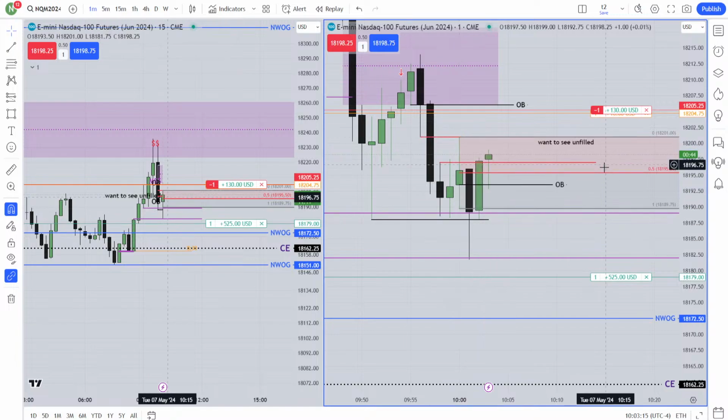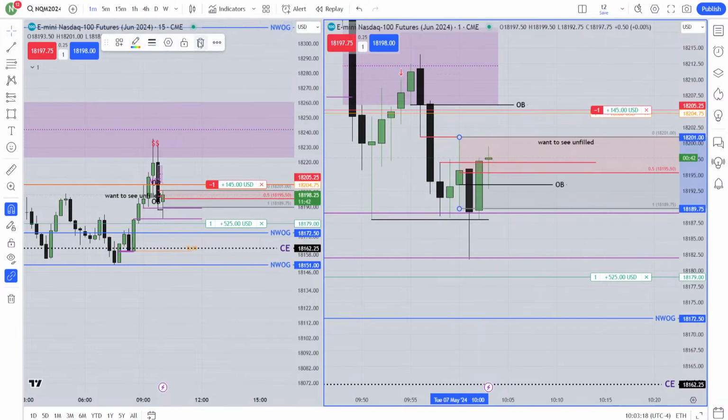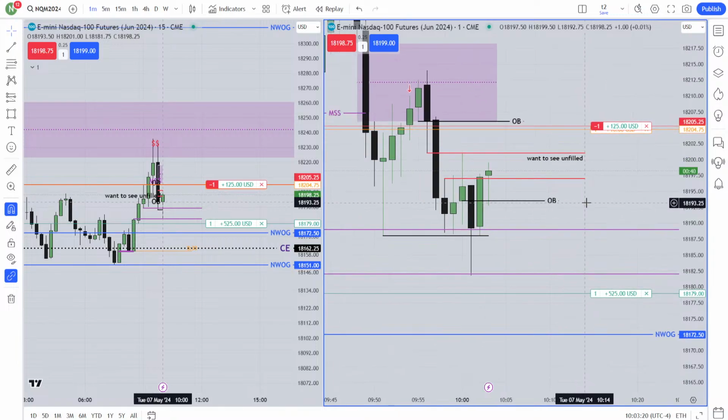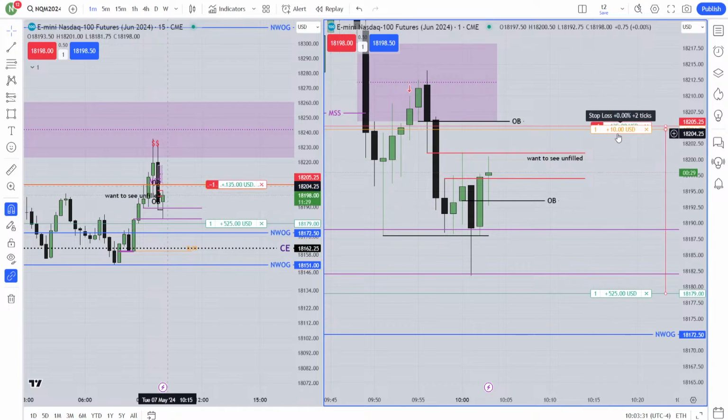Not good. Maybe I'll be at the break even. But either way, my stop loss is at the break even, so I don't care even if it hits my stop loss.